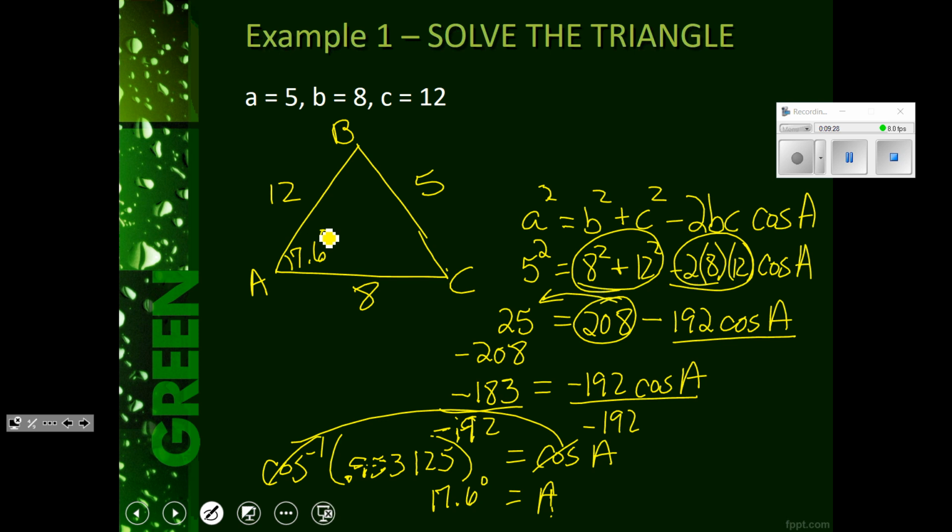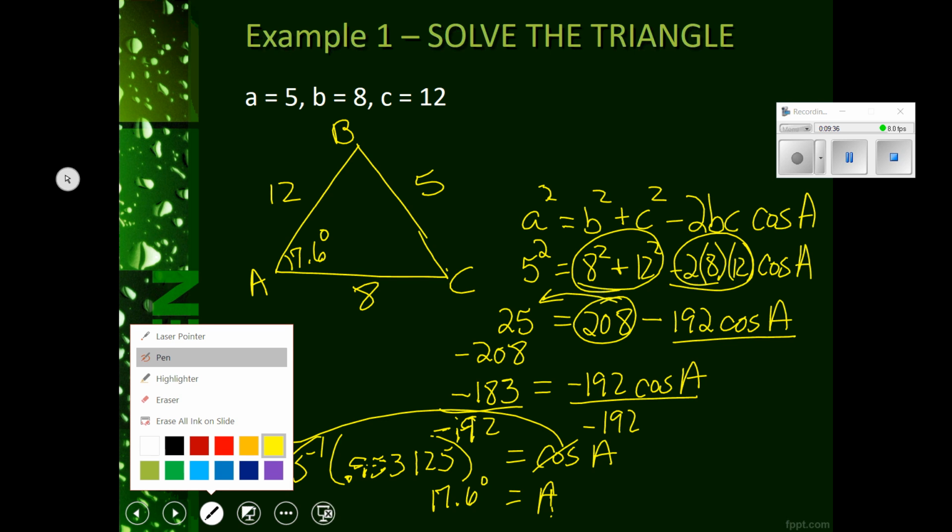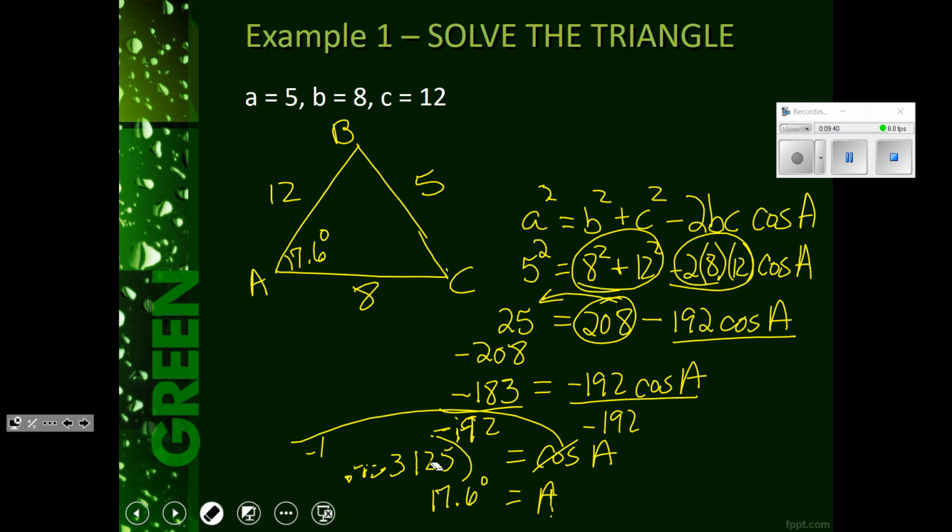Now where do we want to head? B? Okay. So we can use this. Now here, anybody want to ask me a question? Now that we know one angle and one opposite side, what could we do?